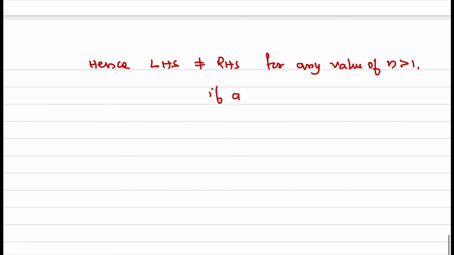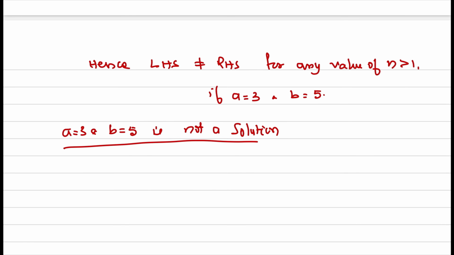The left hand side is not equal to the right hand side for any value of n greater than 1 if A is equal to 3 and B is equal to 5. Hence, A equal to 3 and B equal to 5 is not a solution.